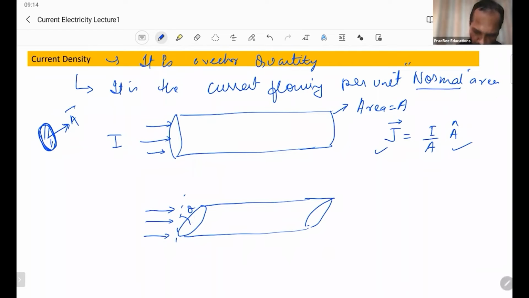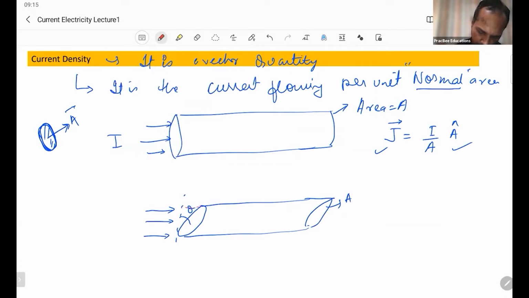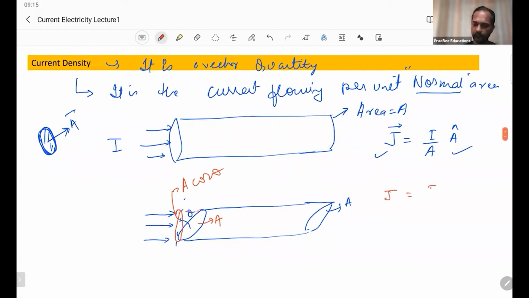Suppose this area is A, we will not take this area because it is not perpendicular to current. We have to take the perpendicular area. That means here we have to take this area. So if this area is A, this area will be A cos theta. Got this? So here the current density will be I divided by A cos theta.